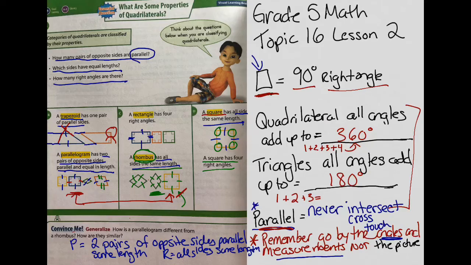Let's look at some more worked examples. The red circles are the ones I'm going to work with you. Each time Sophie makes a cut to a polygon, she can make a new type of polygon. What kind of polygon is left if Sophie cuts off the top of the isosceles triangle shown? So a polygon is another term for shape. So let's see, Sophie gave us the cut. Let's cut this off.